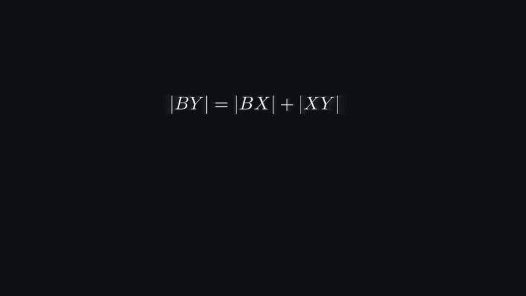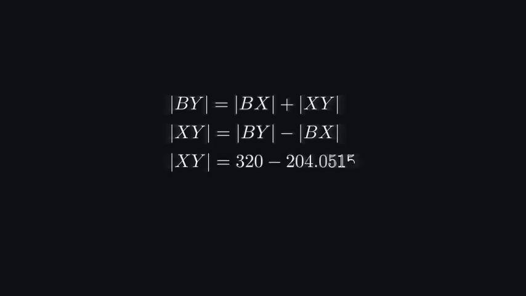Length of BY equals length of BX plus length of XY. Length of XY equals length of BY minus length of BX. Length of XY equals 320 meters minus 204.0515.